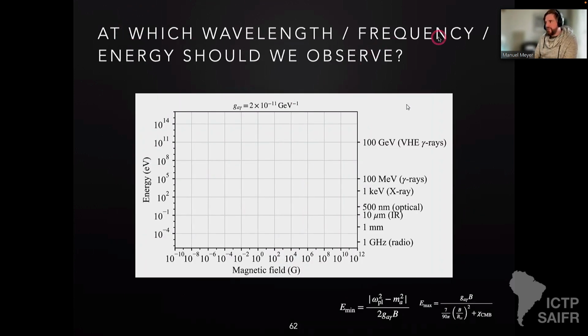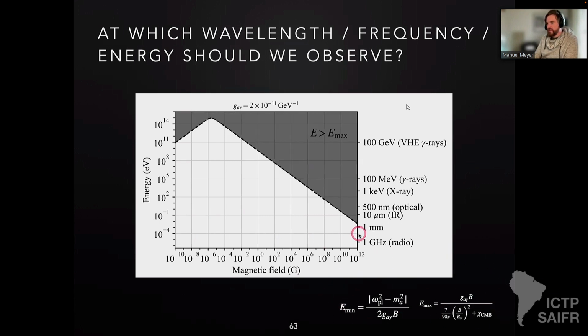So at which wavelength or frequency or energy should we observe? Okay, so what I'll plot here as a function of energy and magnetic field are this minimum and maximum energies. Equations are given down here. So in this gray region, the energy will be larger than the maximum energy given down here, right? So here we will have no oscillations or very strongly suppressed oscillations, okay?